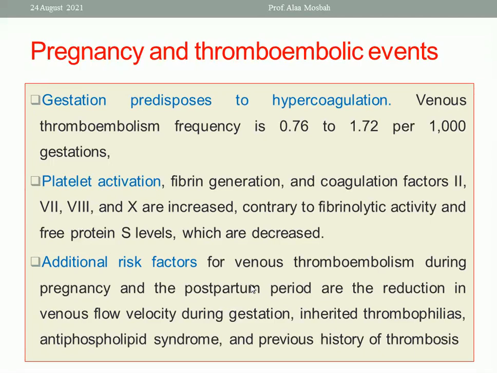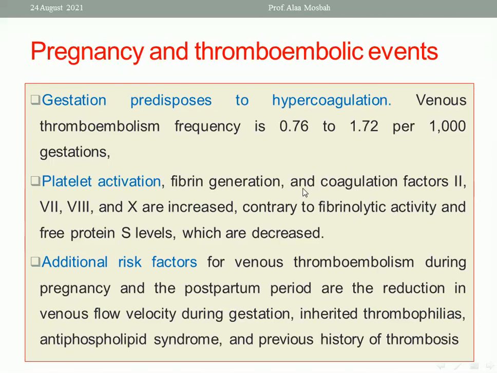Okay, so there is increase in coagulation factor and fibrin and fibrinogen, and the decrease in fibrinolytic activity and protein S. So there is tendency for thrombosis and thromboembolism during a pregnancy.